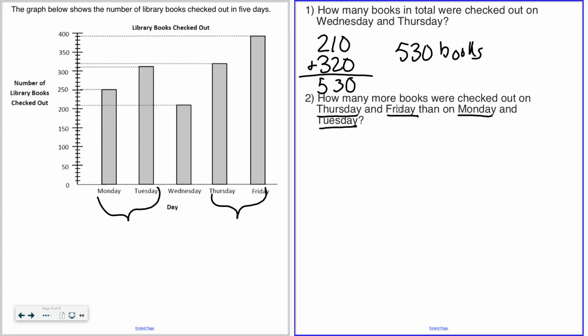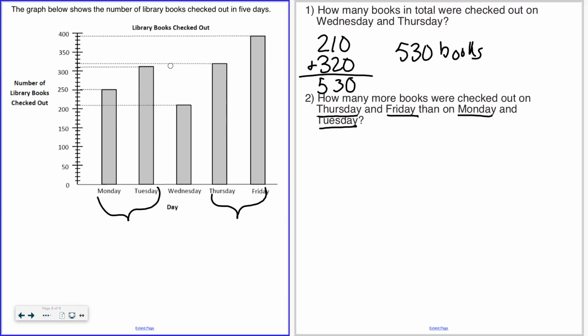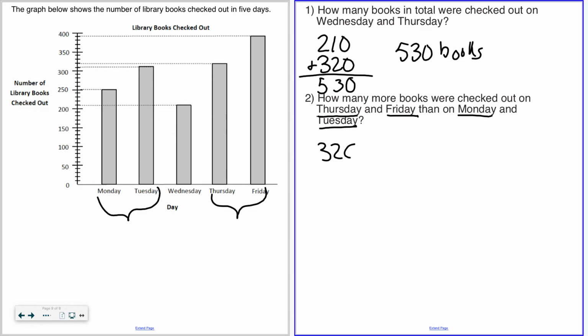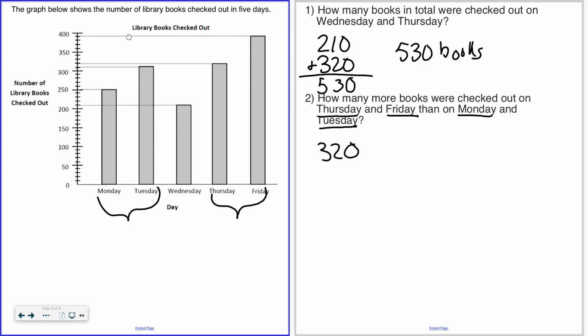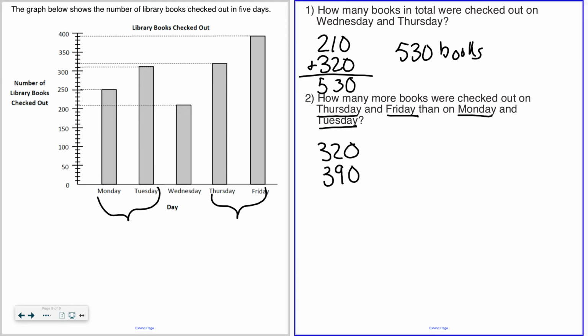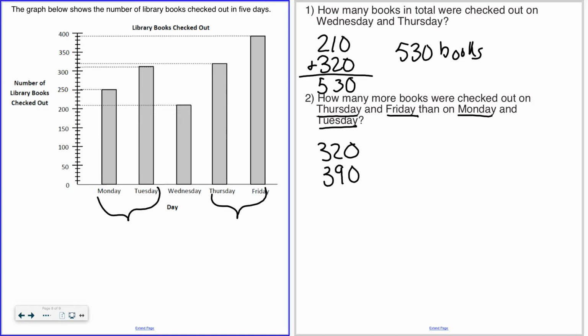So Thursday and Friday, we already know that Thursday is 320, right? Because from the first question, so 320, and Friday is 10 below 400, so it would be 390. Or I can count up from 350, 360, 370, 380, 390.